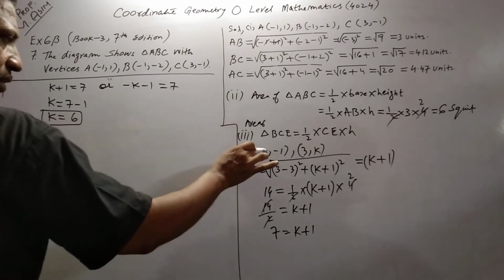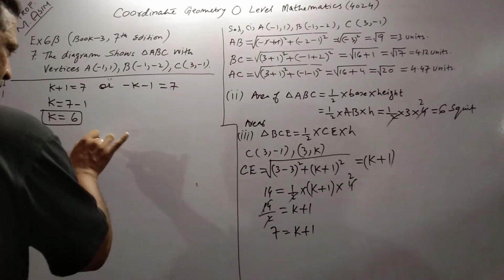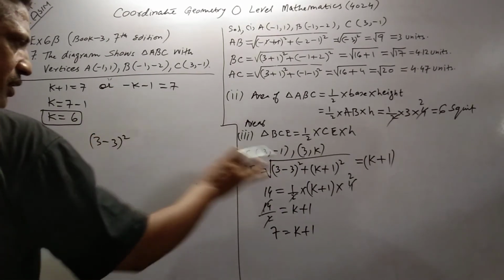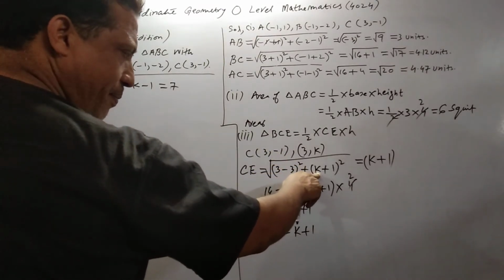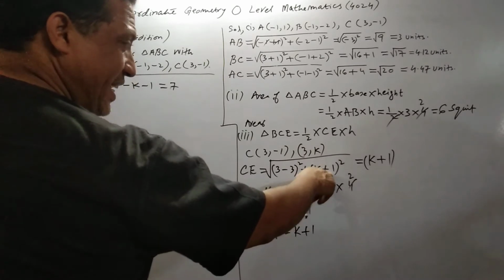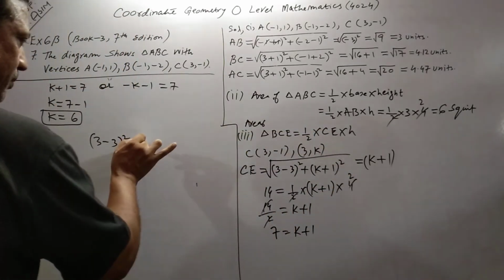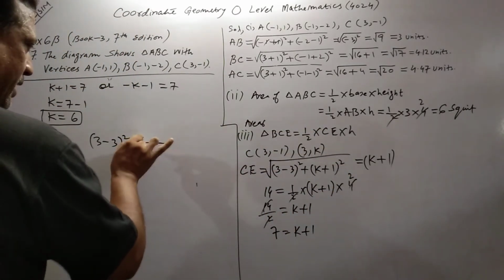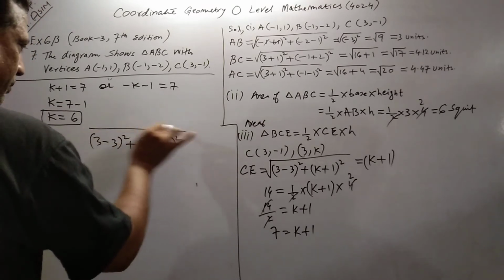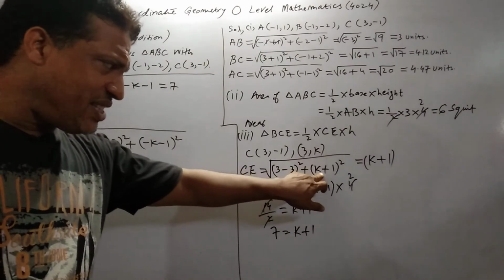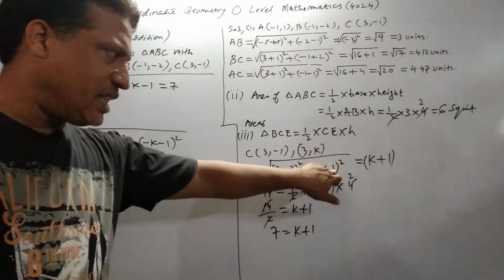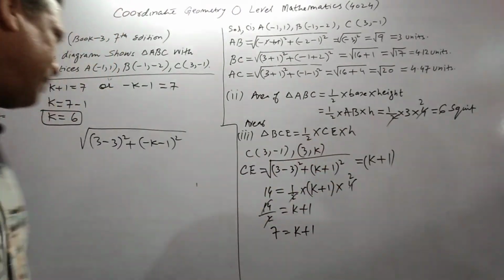If I put square root of (3 minus 3) whole square plus, if I write minus k minus 1 instead of k plus 1, I changed the sign of this k and this 1.